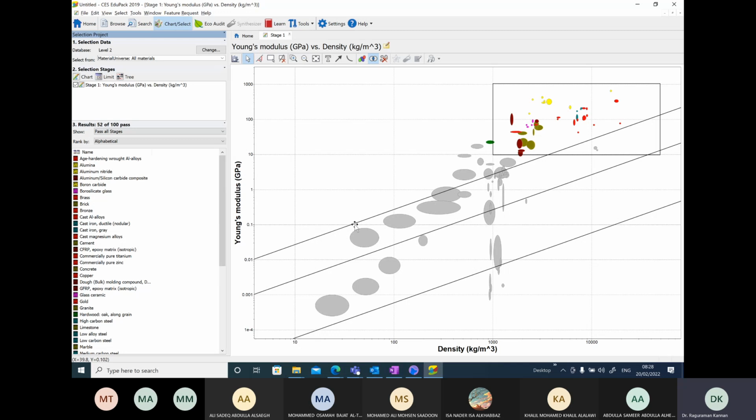So this intersection point approximately comes out to be 40, and this is 0.1. Yes, so it's the same value we are getting. If you look between these points, we are getting about the same value.